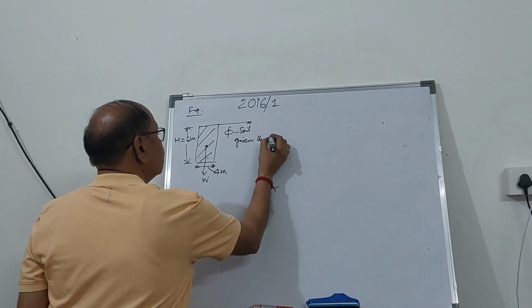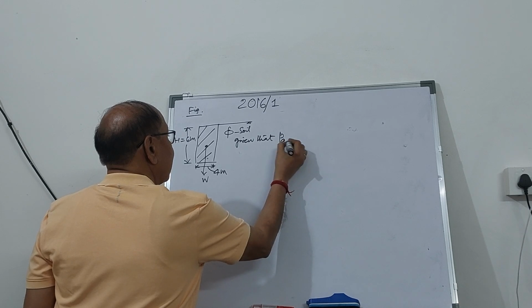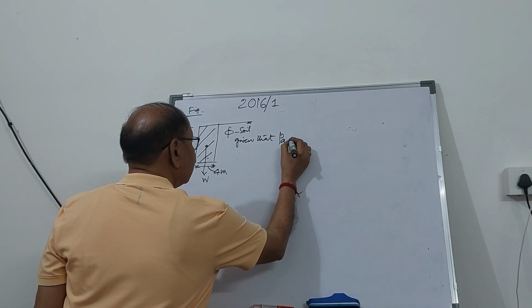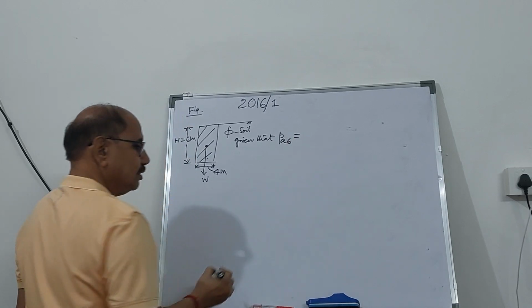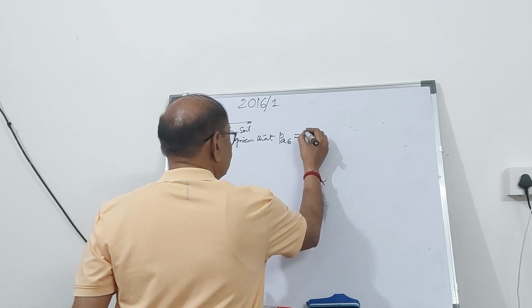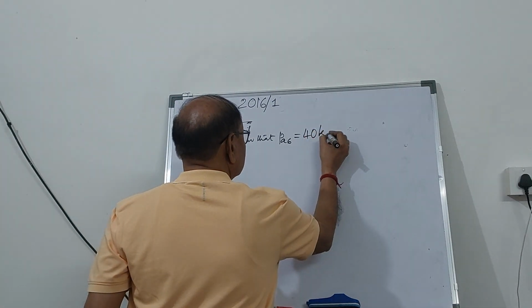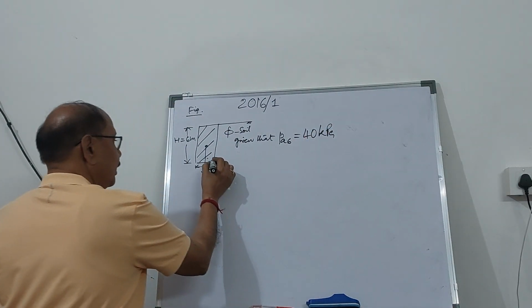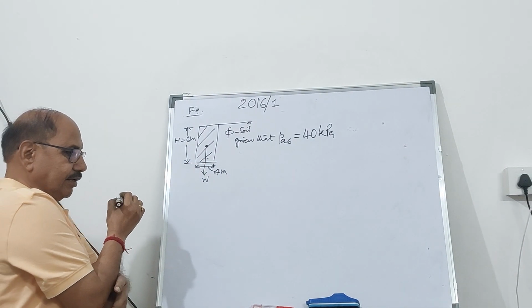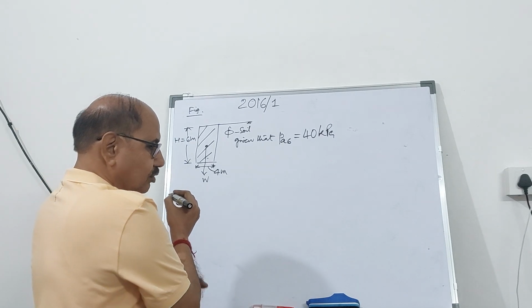And it is given that the active earth pressure at 6 meter equal to 40 kilopascal is given. So here at 6 meter depth is given. So what you will have to find out then?